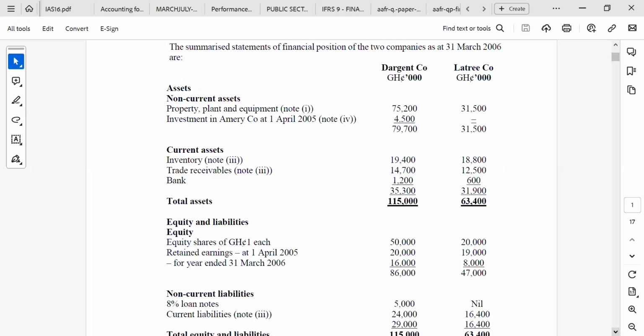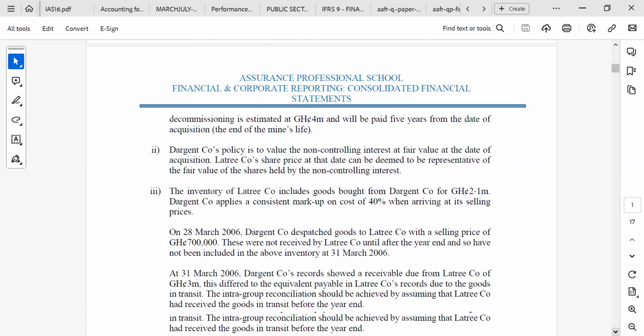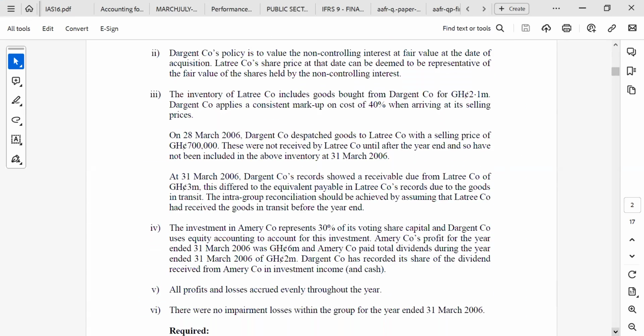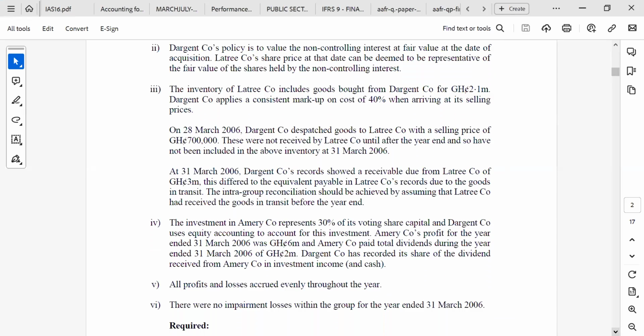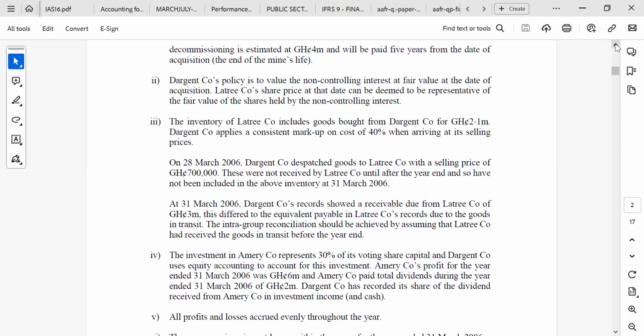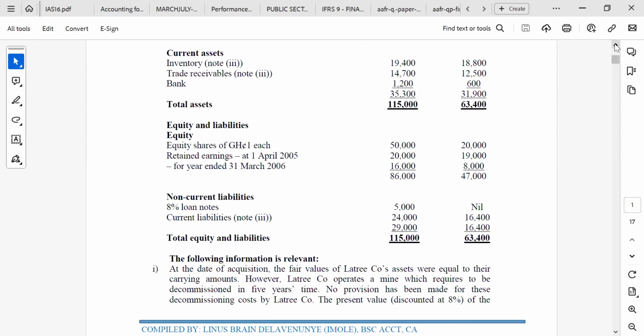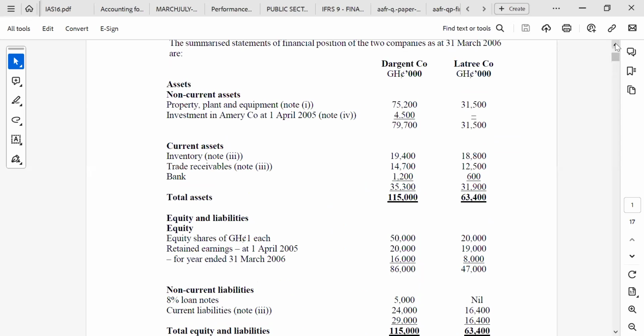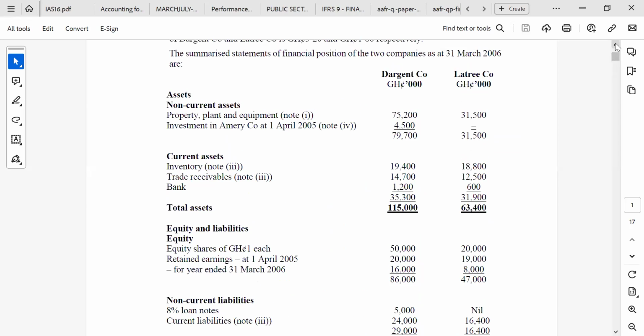Let's check the associate acquisition date. The investment is accounted for using the equity accounting method. They are not giving us the date. In the financial statement, you have 1st April 2005.